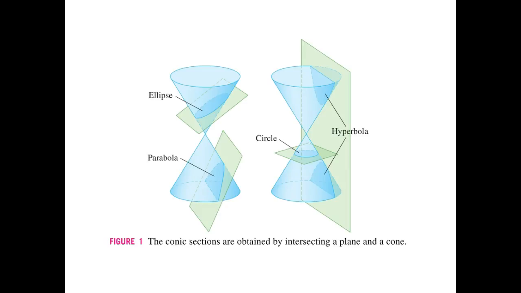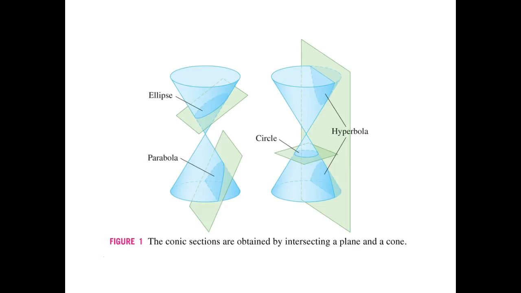If you take a plane and tilt it through the edge of one of the cones, it doesn't matter where, you're going to get a parabola, which is another one of our basic shapes.